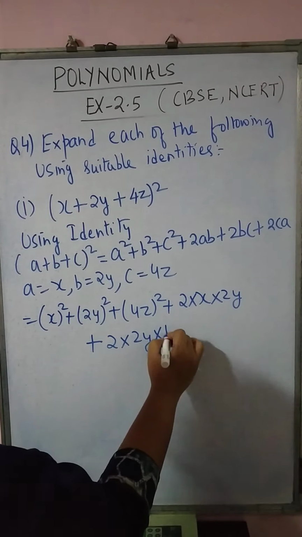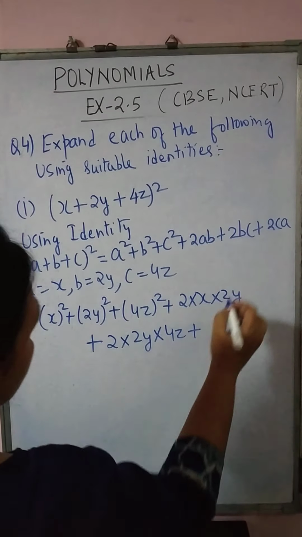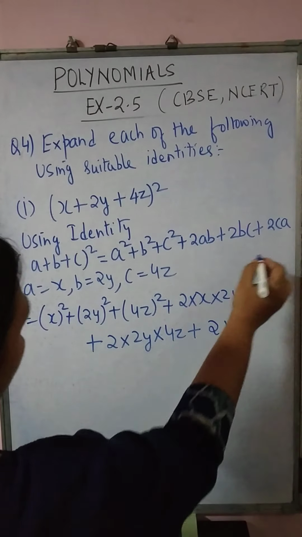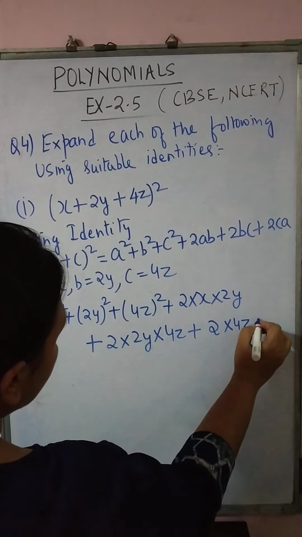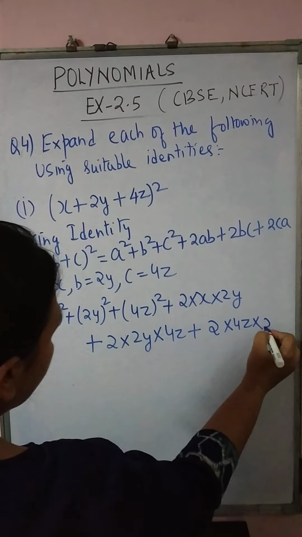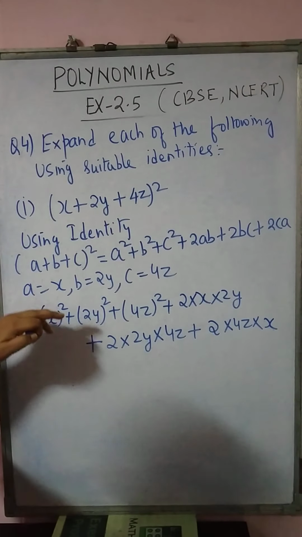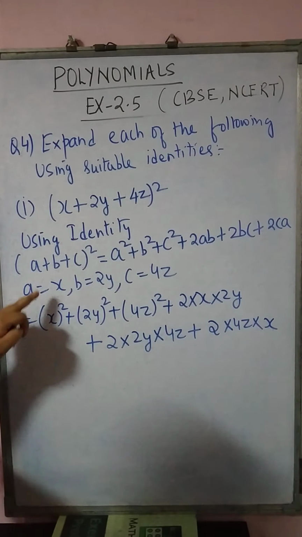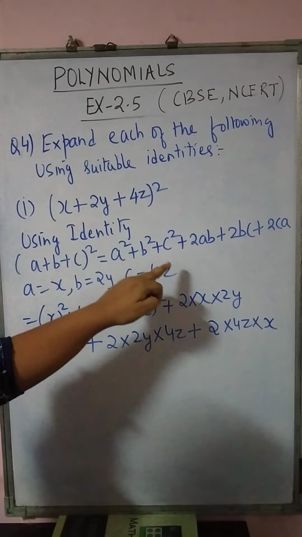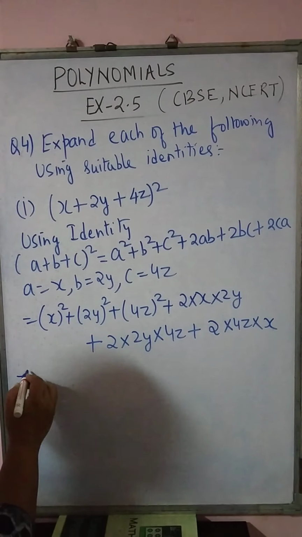What is c? 4z. Plus 2ca, 2 into what is c? 4z, and what is a? x. So first step what I did, I have simply substituted the values of a, b and c in this identity. Okay, now just solve it.